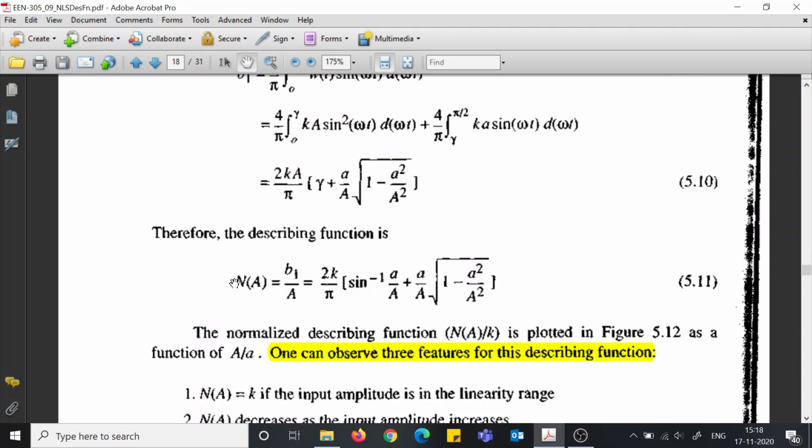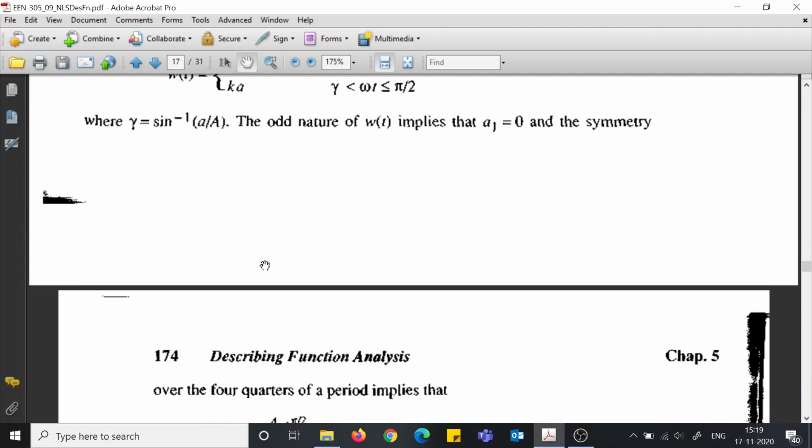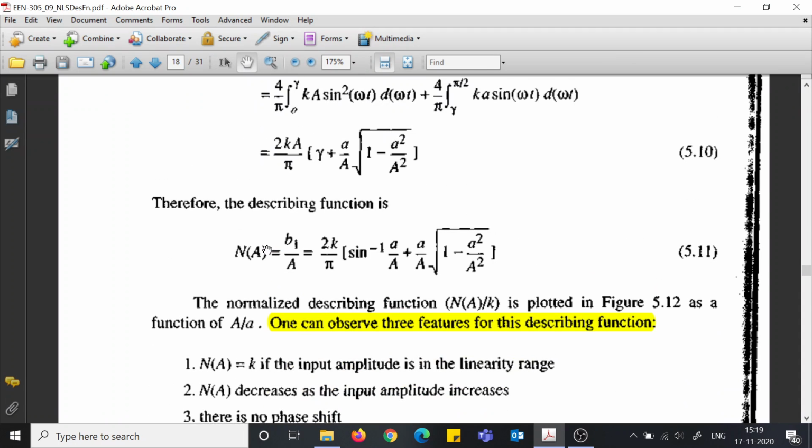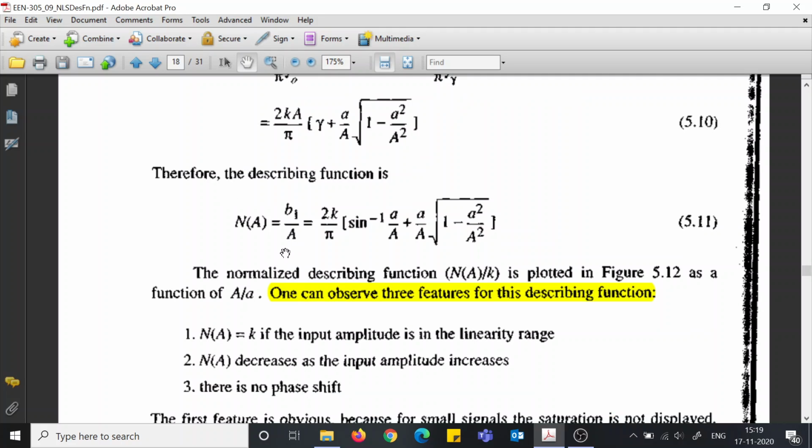When you get this expression, your describing function is nothing but b1 by a. Here you see that the a1 term is not there, a1 is 0. So Na, which was 1 by a times b1 plus j a1, has no a1 part, so it is b1 by a, and that is like this.